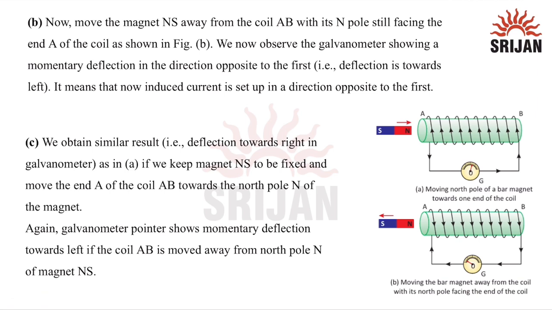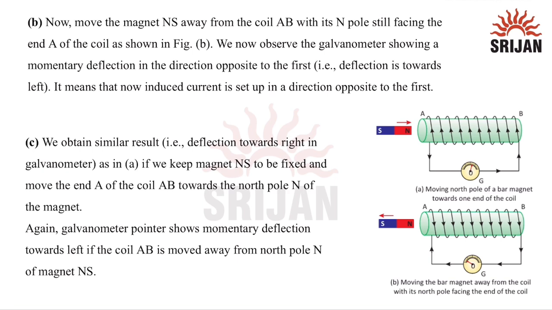Now we move the magnet NS away from the coil AB, with its north pole still facing the end A. Now we observe that the galvanometer shows a momentary deflection in the direction opposite to the first, say left. It means that the induced current is set up in the direction opposite to the first one.